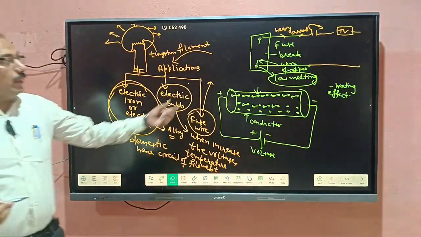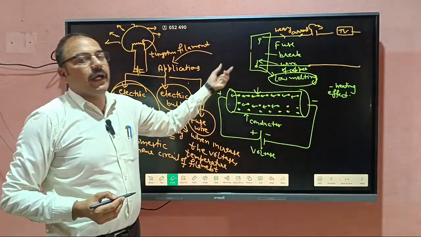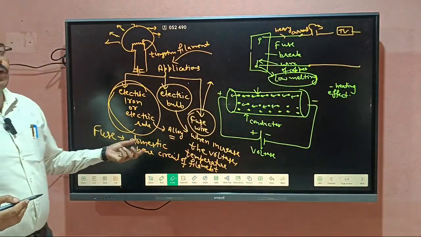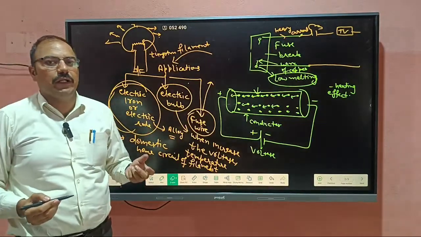So by simply breaking the wire, we protect our electrical instruments from the heavy current. These are the advantages or applications of the heating effect, and there are some disadvantages of the heating effect.